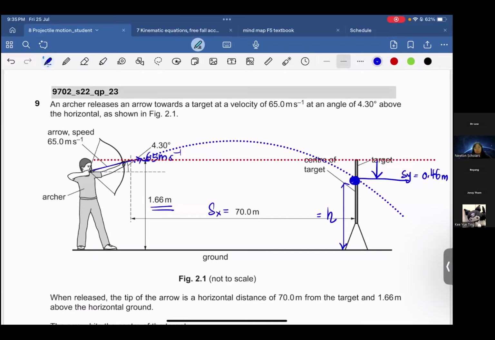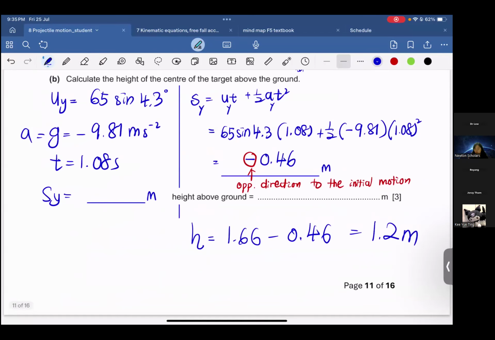So your total height at the end, the center of the target above the ground, you should use 1.66 minus 0.46. So the answer will be 1.2. So here the answer is 1.2. Any question there?